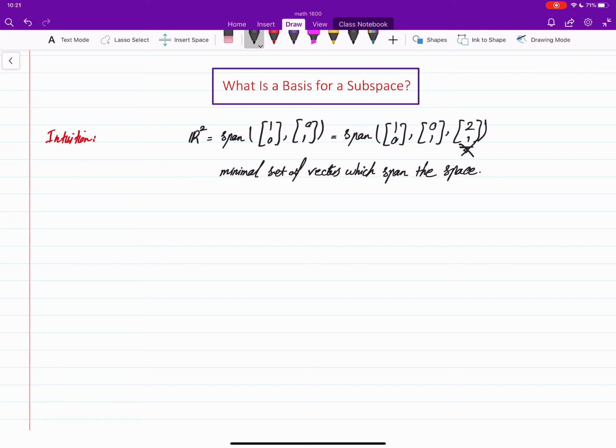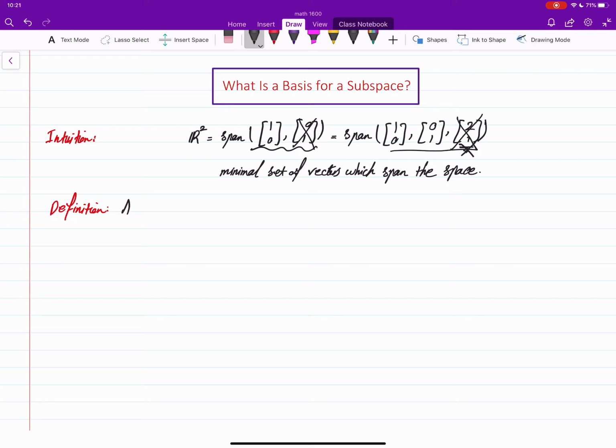For example, look at this guy. I can take this one out, but still we have the same thing. But for these two, if I take any of them out, we won't get R2 as the spanning subspace. So we want to make it somehow minimal, and this is where the set's basis comes in.